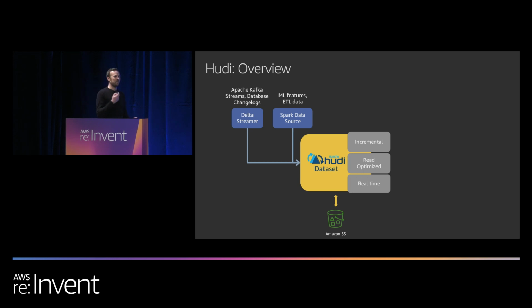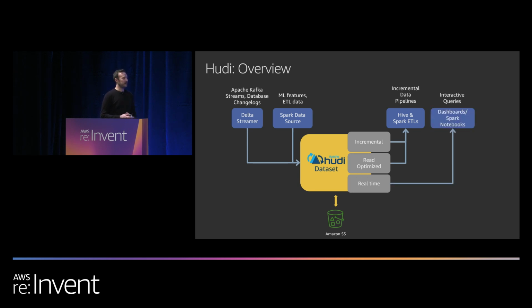That will give you just those rows that have been changed since a specific point in time. There's also a read optimized view that gives you a columnar, read-performant view of that data. It will give you access to the entire data set as of its last compaction. And then there's the real-time view. This real-time view gives you access to the entire Hudi data set, including near real-time access to changes that have been made to that specific data set.